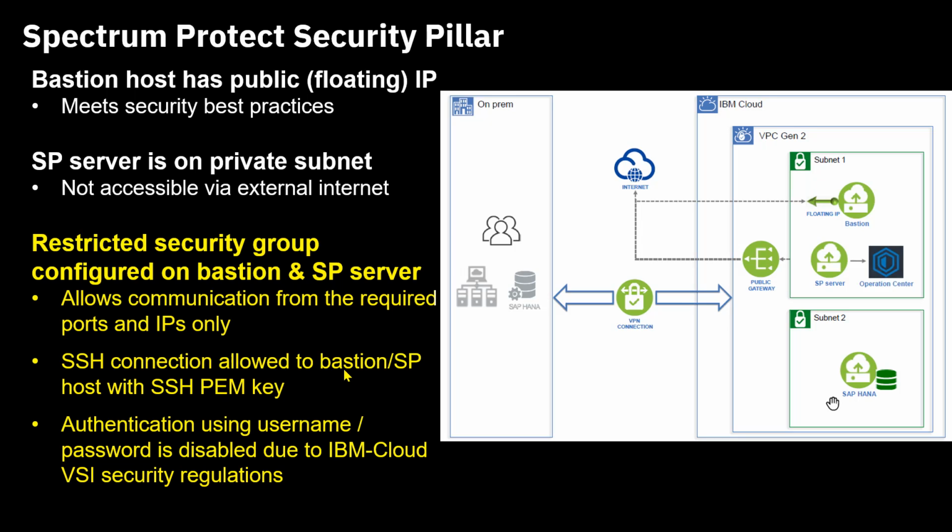It will only allow the communication from the required ports and IPs. An SSH connection is allowed to the Bastion and Spectrum Protect host as long as you have that SSH PEM key. And then authentication using the username and password is going to be disabled due to the IBM Cloud VSI security regulations.